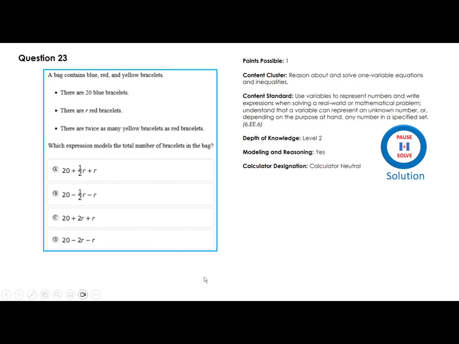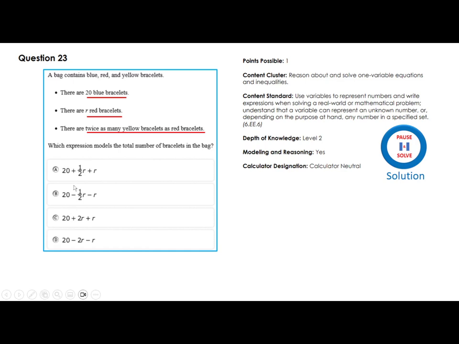A bag contains blue, red, and yellow bracelets. There are 20 blue bracelets. There are R red bracelets, R is unknown. There are twice as many yellow bracelets as red bracelets. Which expression models the total number of bracelets in the bag?